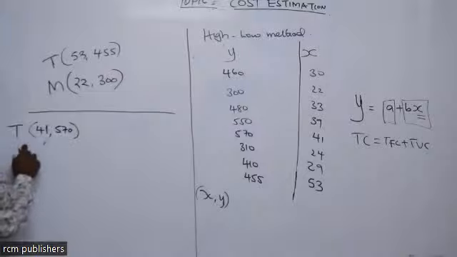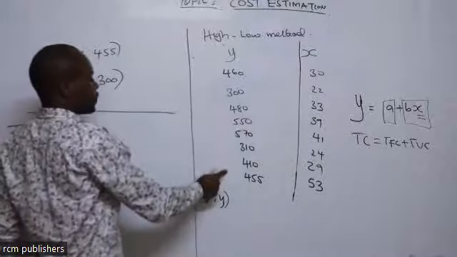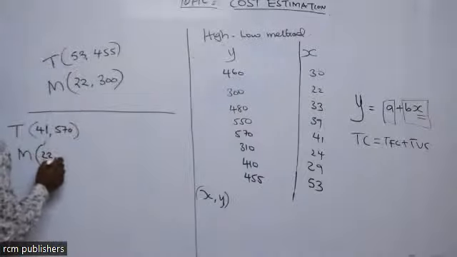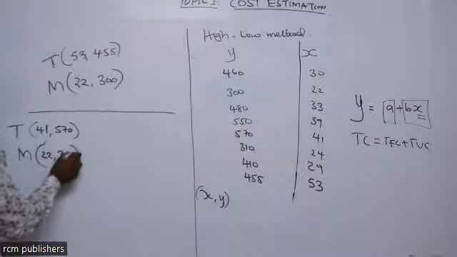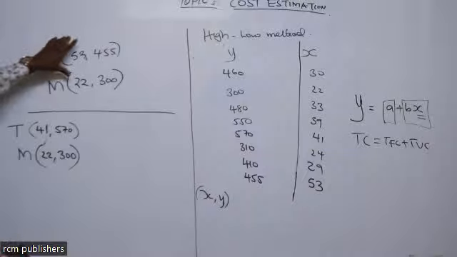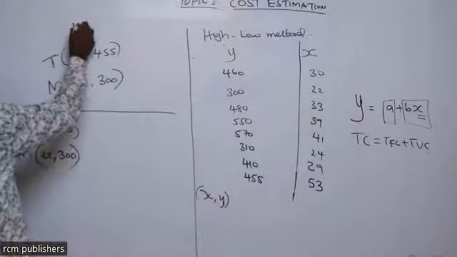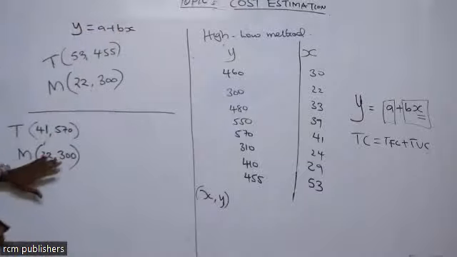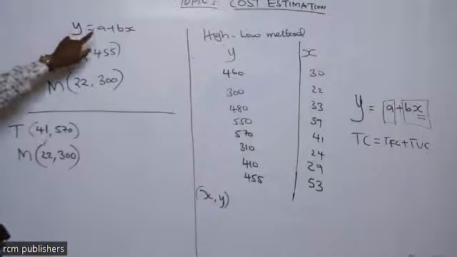They look for the lowest value here, get it as 300, so it will be the same, 22, 300. So group A will take this to work out their cost function, which is y equals a plus bx. Team B will also use this to calculate their y equals a plus bx.